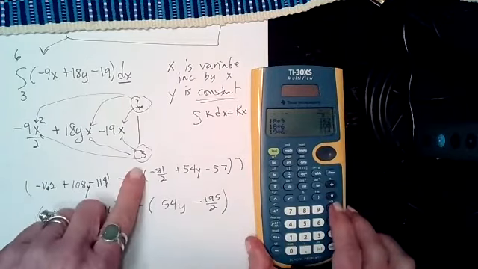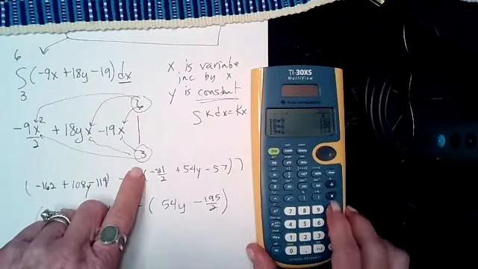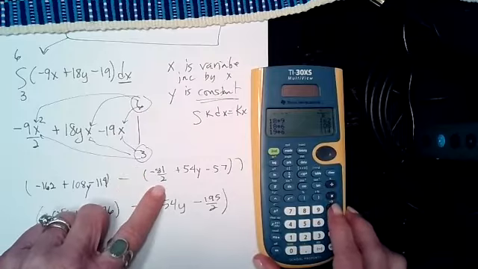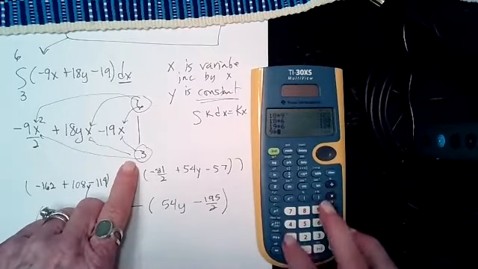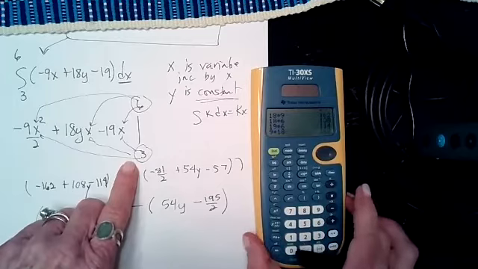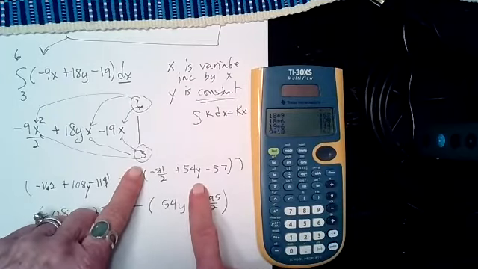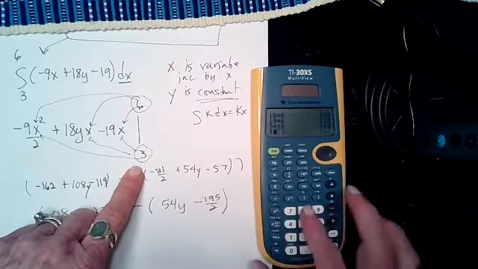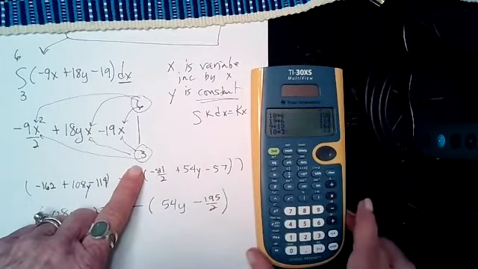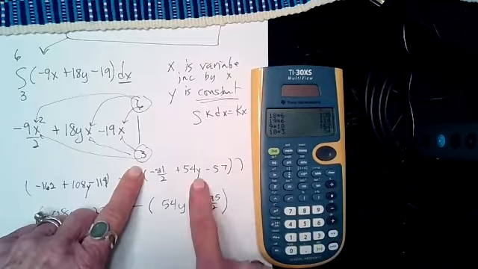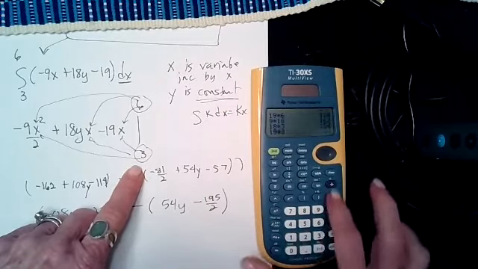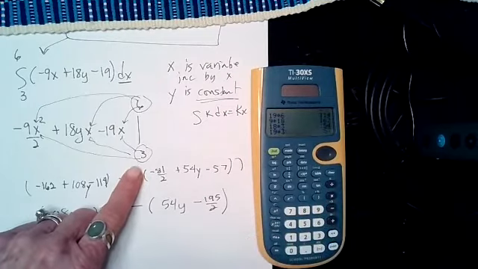Then 3 squared is 9, negative 81 over 2, and 18 times 3 is 54y. And then 19 times 3, 57 minus 57.